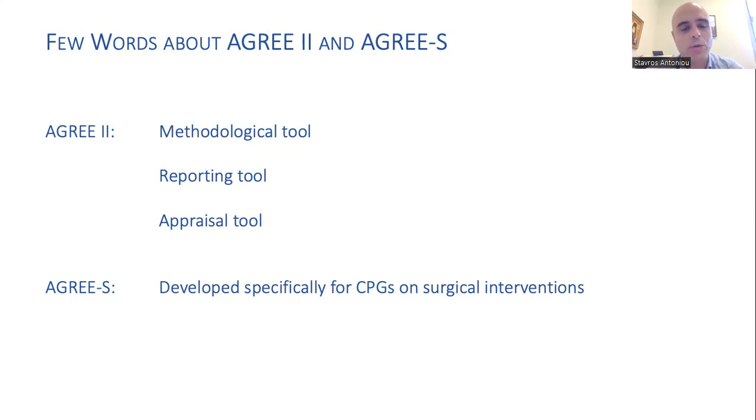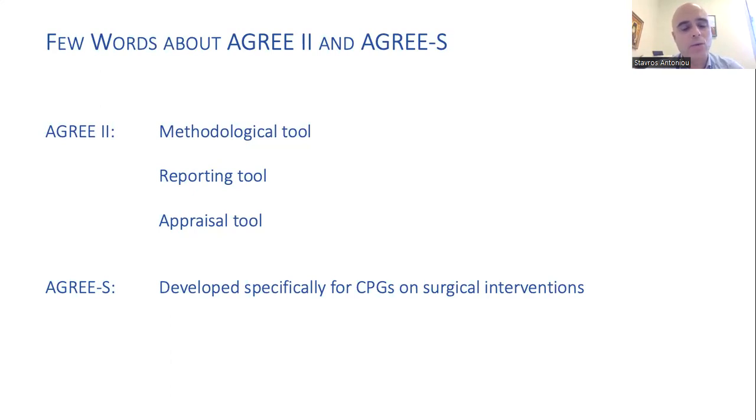The reporting tool is similar to RIGHT, shares some common features, and it is intended to assist in reporting guideline reports, guideline manuscripts. And the appraisal tool is unique, I think. It is a tool that helps different users appraise the quality of guideline documents.